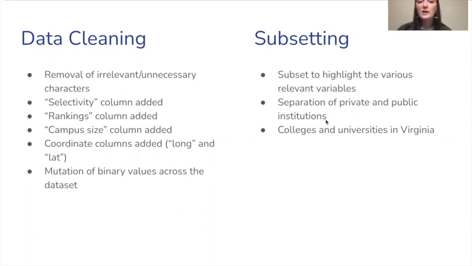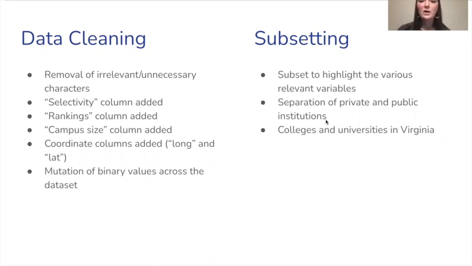Another column that we named campus size was added, and it categorized the institution's campus sizes as very small, small, medium, or large. And we did this according to the Carnegie classification system. A column listing the longitudinal coordinates, as well as a column listing the latitudinal coordinates of the state that the institution resided in, were also added in order to aid in data visualization.